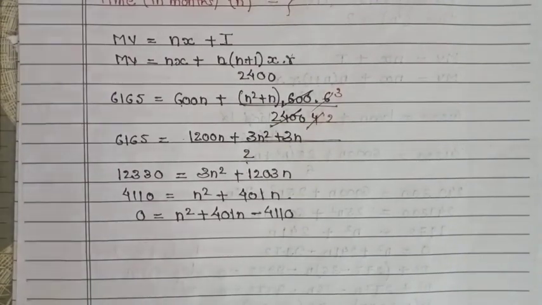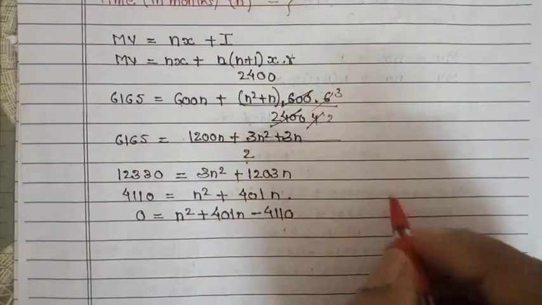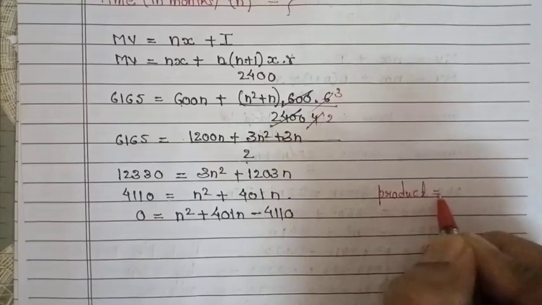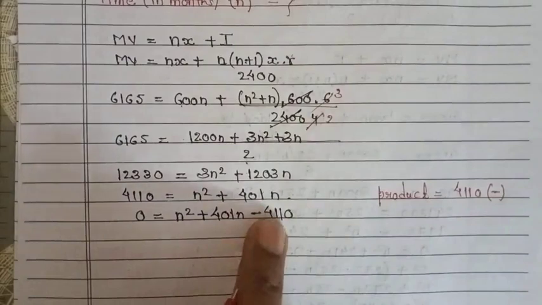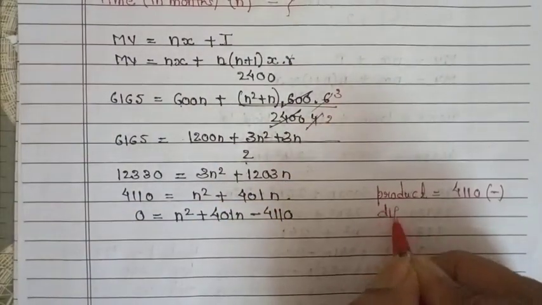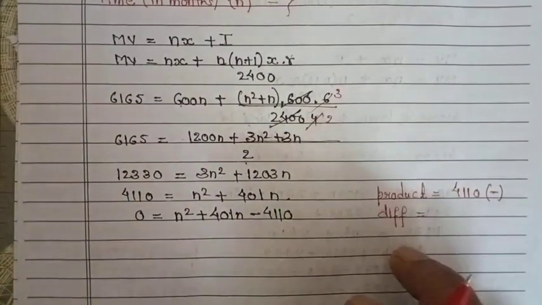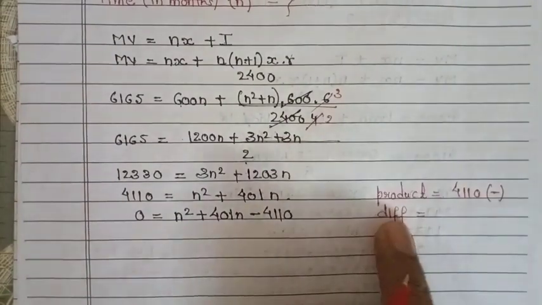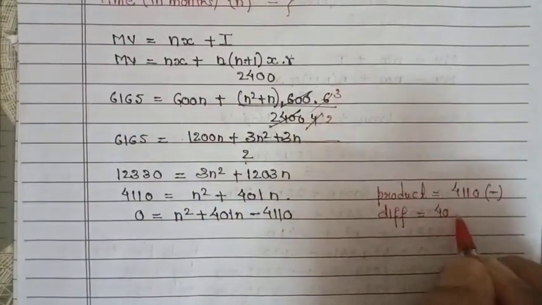Now to factorize it, first of all you get the product here. So as you can see, the product you will be getting is negative 4110, a negative product. If the product is negative, we need the difference. If the product was positive, we would have written the sum, but as the product is negative, we are going to write the difference. Now this difference will be equal to the middle term, 401.